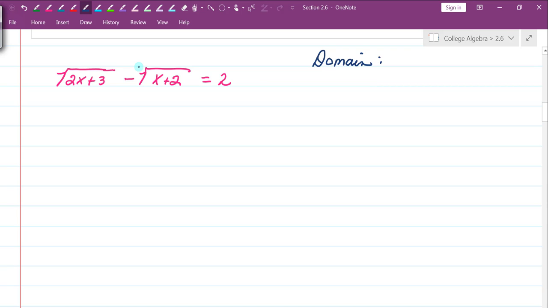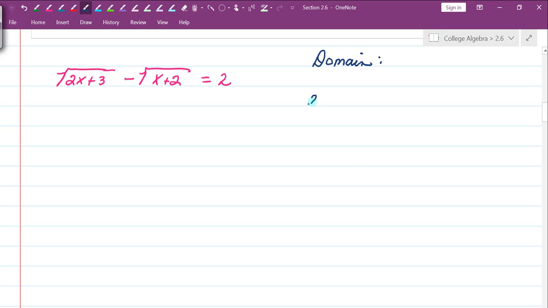Remember, whenever we're taking the second root, the fourth, the sixth root, the eighth root, any even number, 2, 4, 6, 8, 10, 12, we must make sure that what is underneath the radical always remains positive, or the number 0. So we have two restrictions in that case.